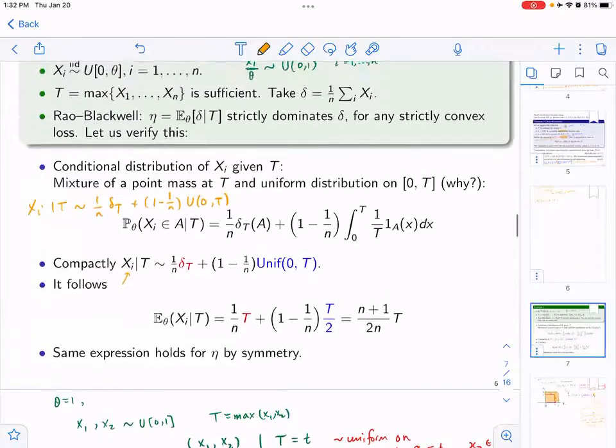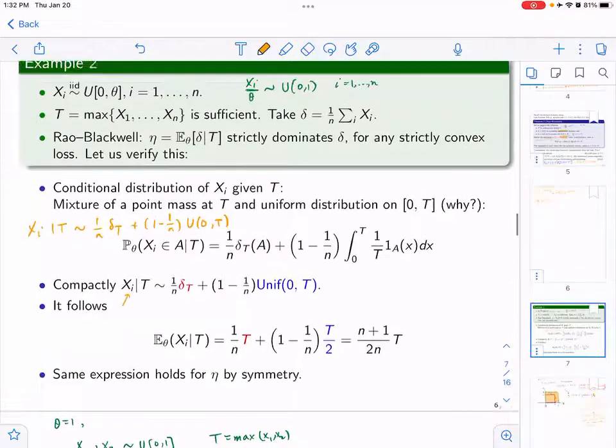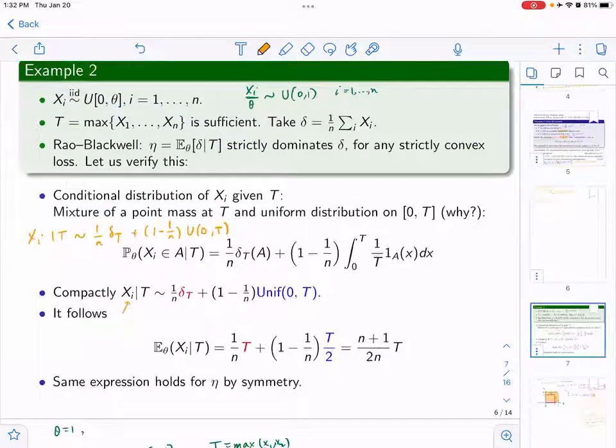And when I try to compute the expectation of this, expectation is linear. So what I get is eta is basically 1 over n, summation over i of the expectation of xi given t. And by symmetry, these are all the same. So it's the expectation of one of them given t.